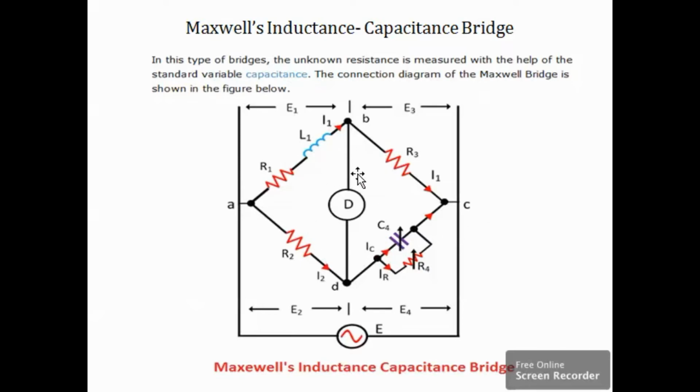In these types of bridges, the inductance is measured by comparison with a standard variable capacitance. Thus the name Maxwell's inductance capacitance bridge. The first arm consists of the unknown inductance L1, and the balance condition is achieved by varying the standard variable capacitor C4.